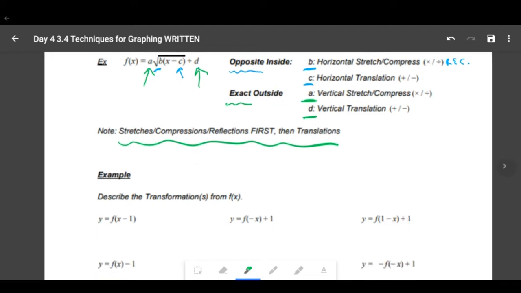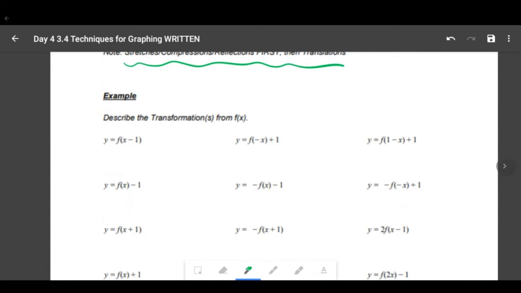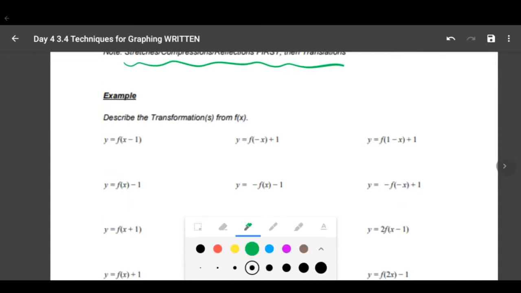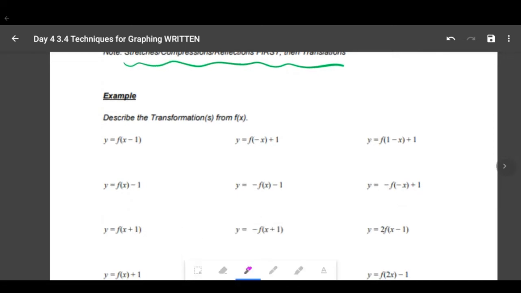All right. So what they're asking you to do for this is simply to describe the transformation. If you need to have that top part of the page nearby so you have access to it, do that. But this is what we're looking for, just describe in words.